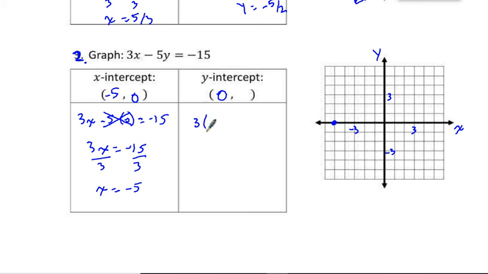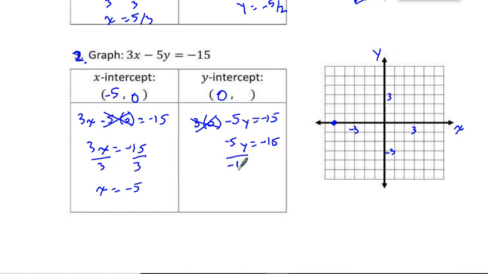The y-intercept, we sub 0 in for x. Three times 0 is 0. So we have negative 5y equal to negative 15.